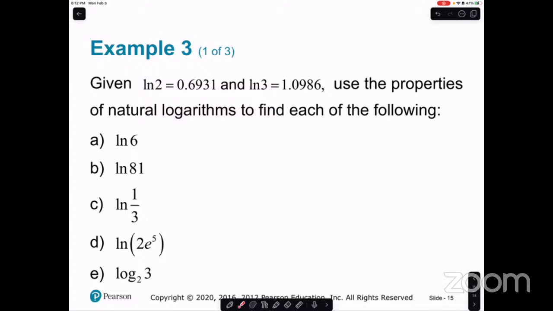The log of 6, right? That's the same as what? The natural log of 2 times 3. So then the log of the product is the same as the sum of the logs. So we can write this as the natural log of 2 plus the natural log of 3. So then that's going to be 0.6931 plus 1.0986.